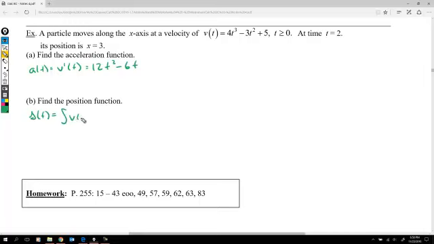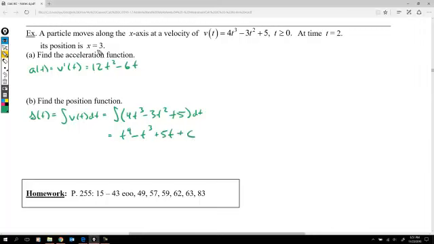Position is going to be the integral of velocity. So I'm going to have to take the integral of 4t cubed minus 3t squared plus 5, that's a plus, with respect to t. Okay, so I'm going to get t to the fourth minus t cubed plus 5t plus c.